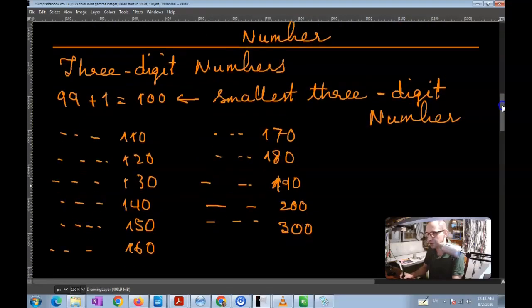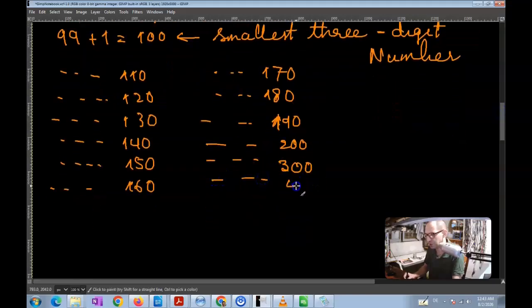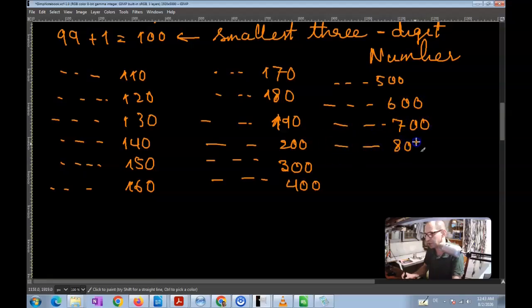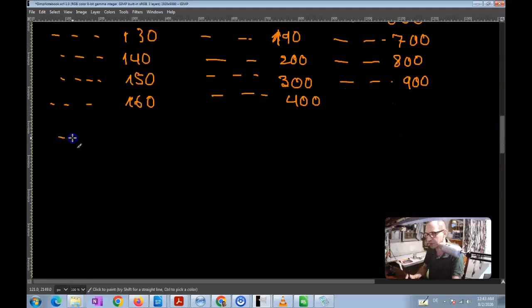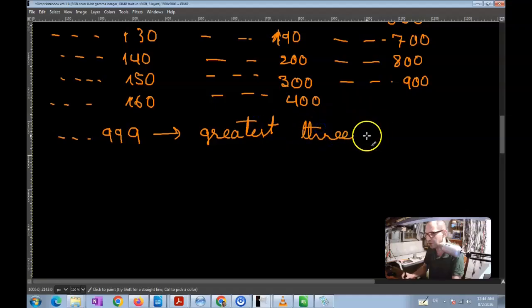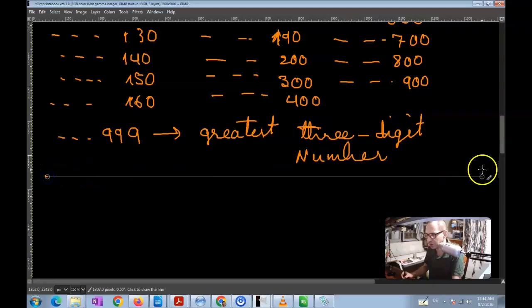These are still 3-digit numbers, all the way up to 400, and then all the way up to 500, 600, 700, 800, 900, and all the way up to 999, which is the greatest 3-digit number.